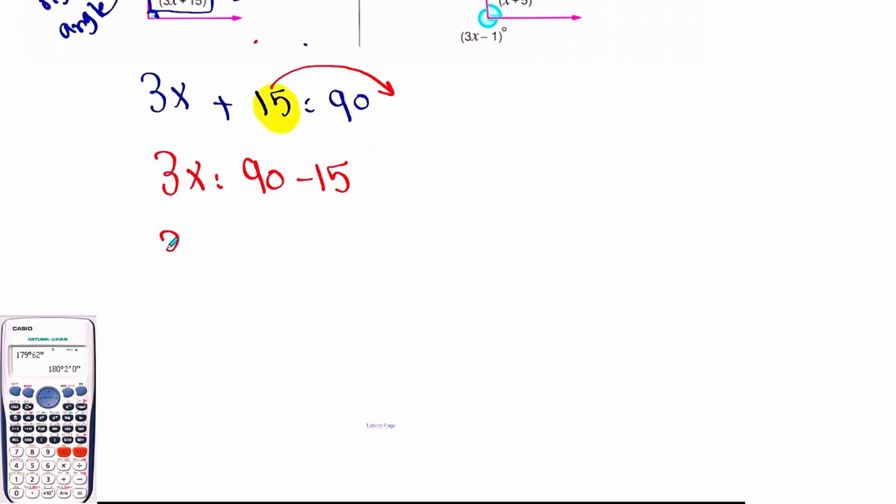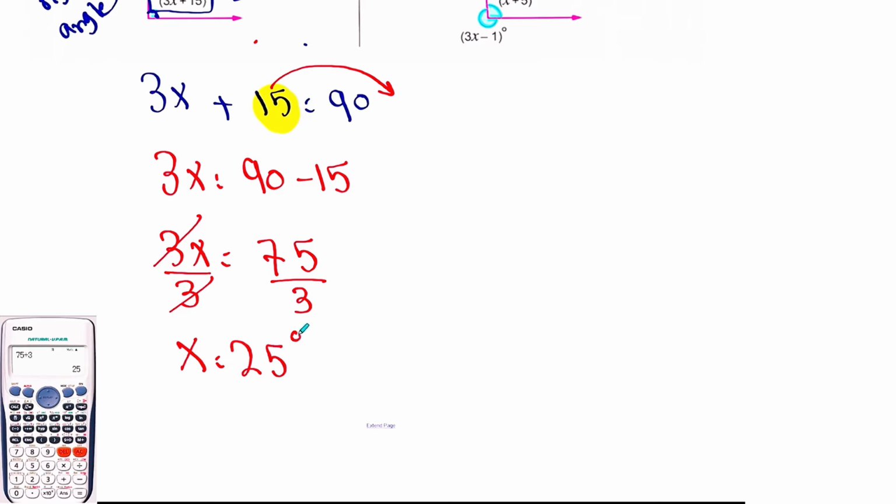You will get 75. So the x will show you, and finally 3x will be 25.